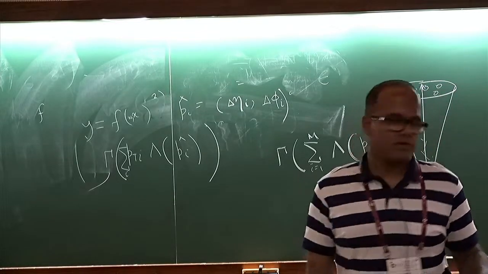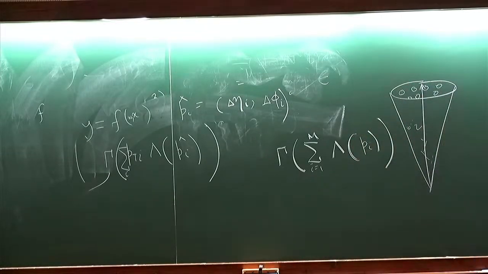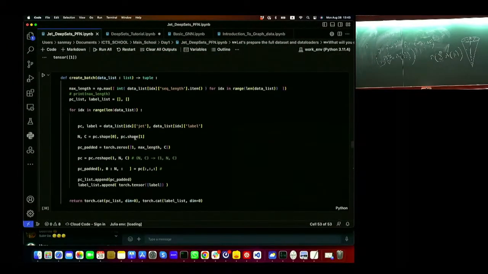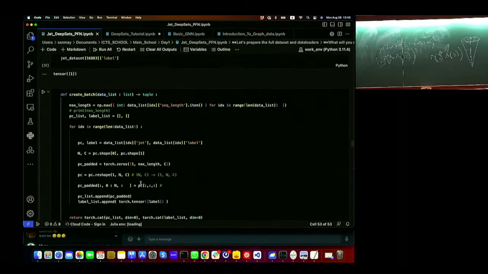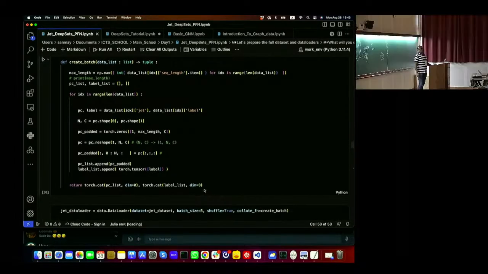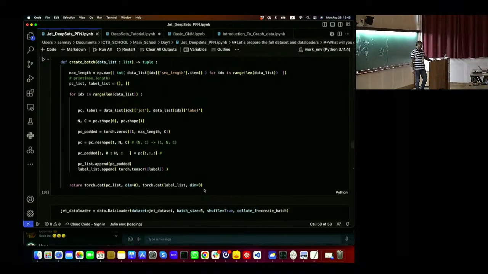The training was, we had a data loader. Remember, here all the particle features, etc. were there. But when we did batching, we took the jet and just the label because we had a classification task in hand.